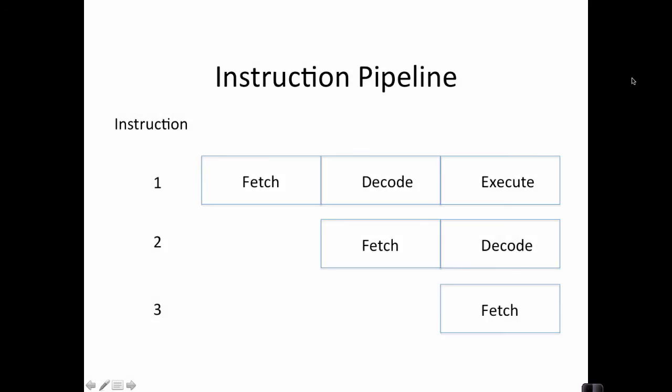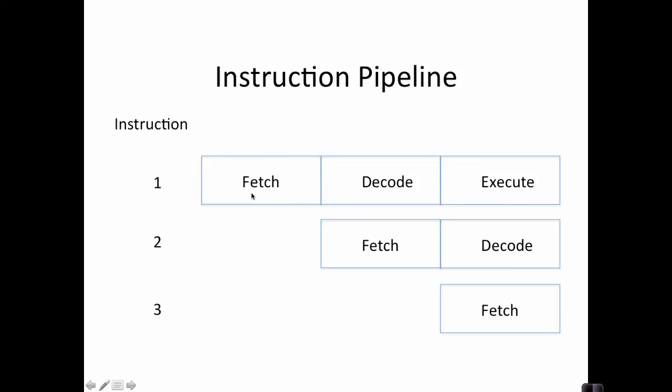The last topic I'd like to touch on in our architectural discussion is what's called the instruction pipeline. Processors don't execute instructions in one atomic step any longer, but they actually use phases in their execution. Here I'm showing 3 phases. The first phase being the fetch phase.